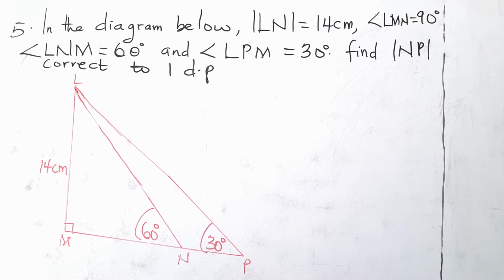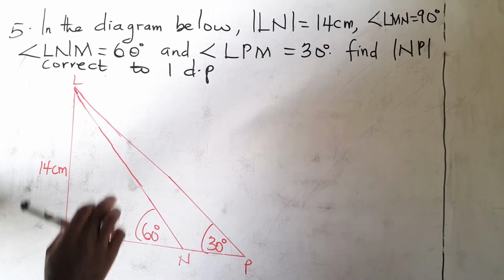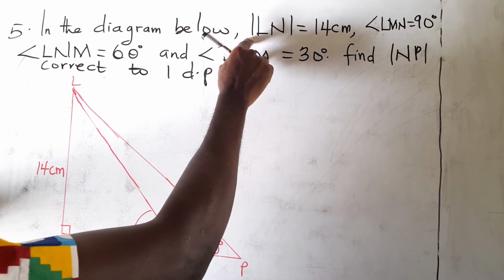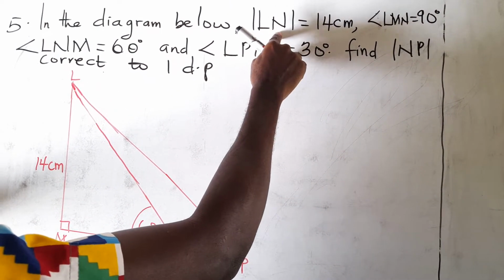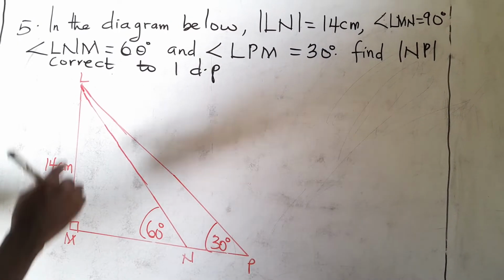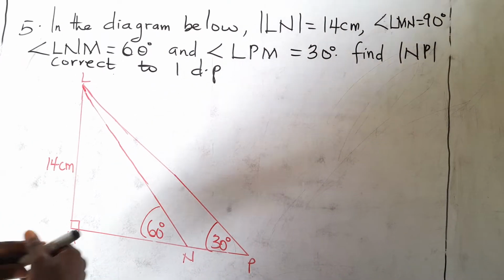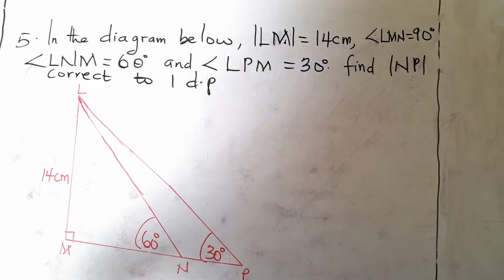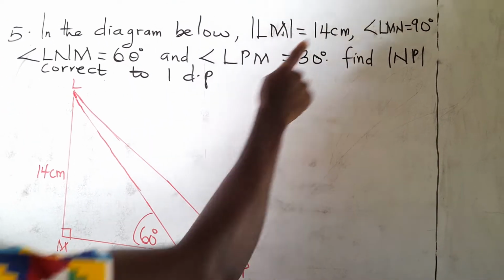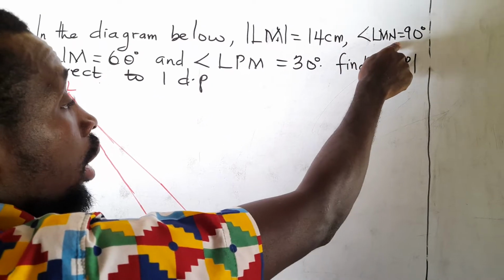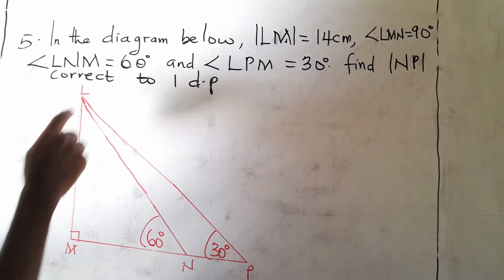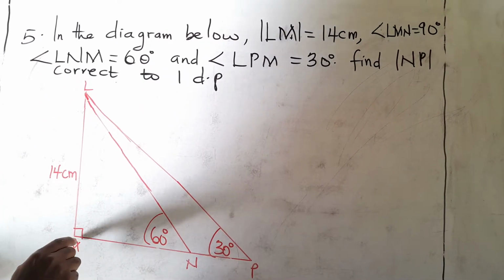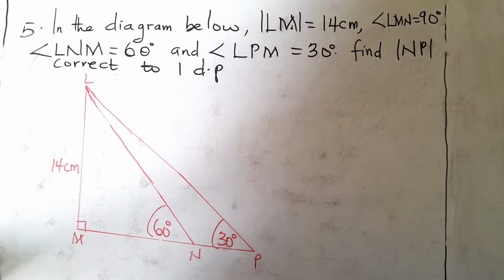So our next question says that in the diagram below, this diagram, the side LN is equal to 14 centimeters. That's LN. LN is 14 centimeters. Angle LMN is 90 degrees as indicated.